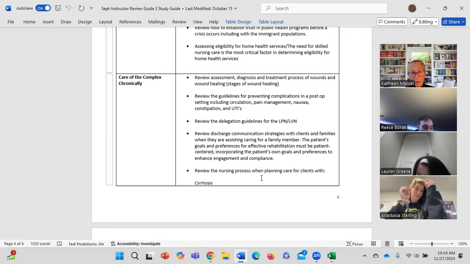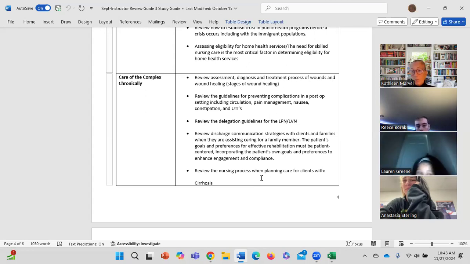Review discharge instruction and communication strategies with clients and families when they're assisting in caring for a family member. So you're doing a home visit. There are other family members involved in caring for the client, right? You're going to have to review discharge communication strategies, what the plan is, if they are going to be participating in the care, right?